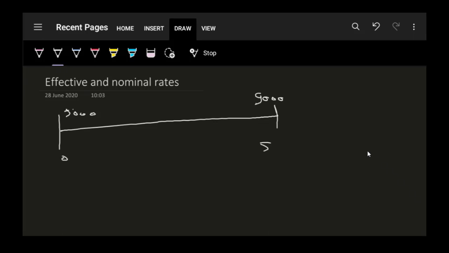So I want to calculate the effective rate for this period. I'll call this rate I5. We will learn about the actuarial notations later on, but right now we'll call this rate I5.